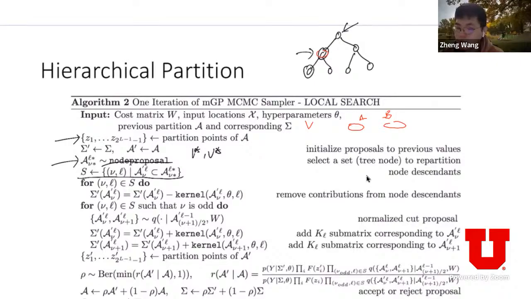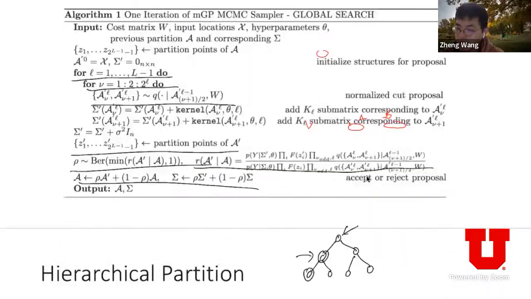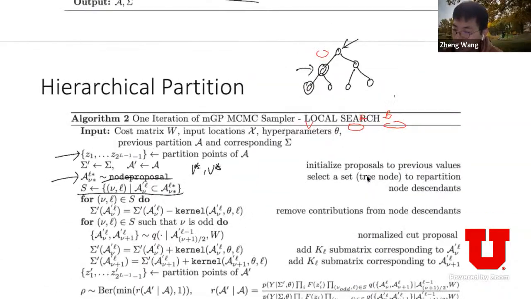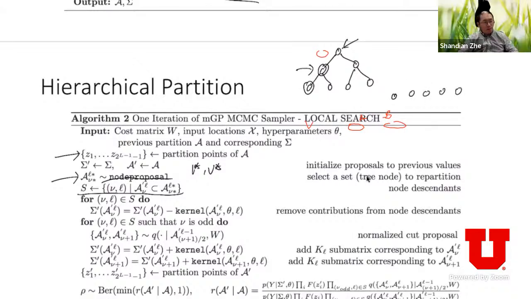Yes, because given these observation points here, for each partition, you can have a normalized cost, right? According to this cost, we can model how the partition is distributed, and that's the proposal distribution.